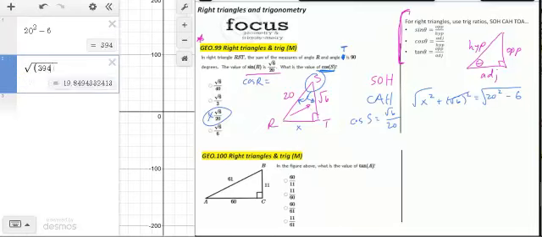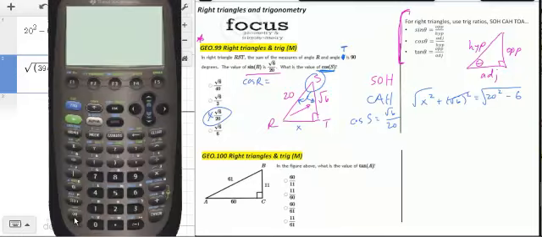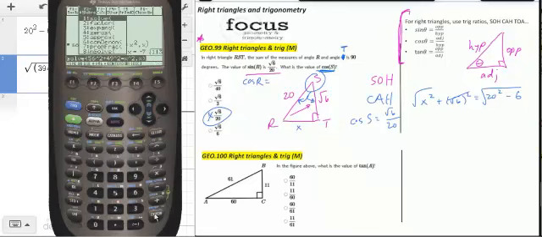Again, when you're working with square roots, it's probably easier to use the TI-89 because it will give you exact answers, which is very often what you're going to be asked for. So if we take that original equation, x squared plus root 6 squared, which is just 6, set that equal to 20 squared, and then solve for x, close everything off. This will give us the reduced form.